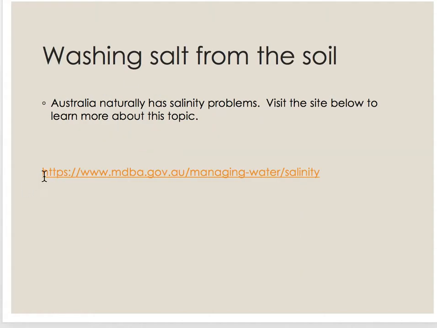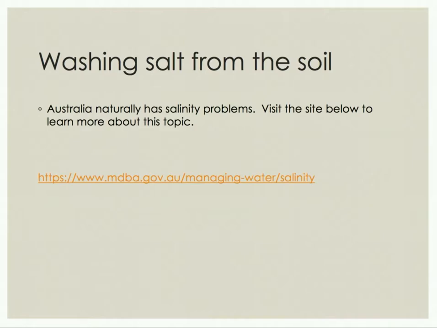And you can check out this site that I've also put on your documents page, which you can have a look at some of the main issues around the Murray-Darling Basin. It's a useful website, and you'll find a lot of government websites regarding the salinity problem because of the major impact that farming made to Australian soils.